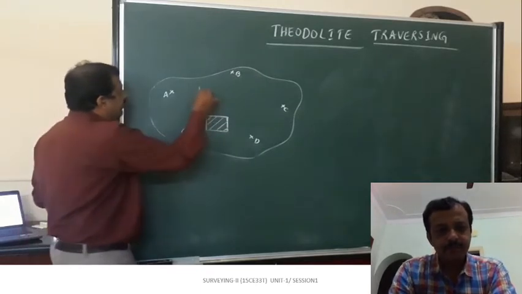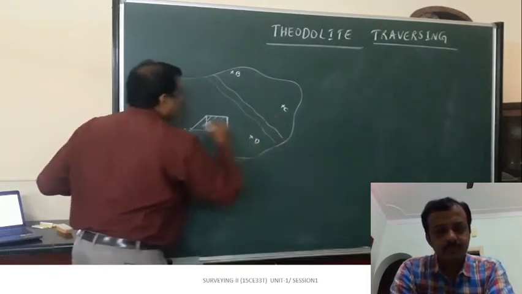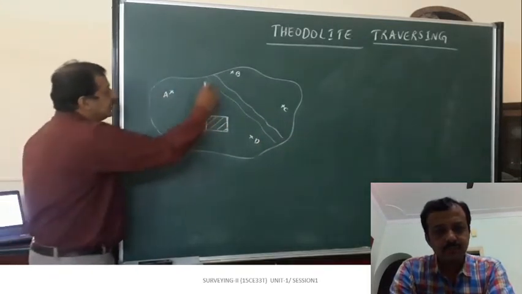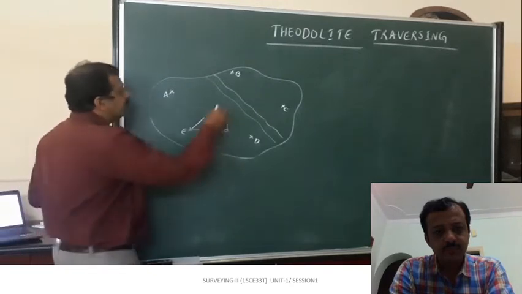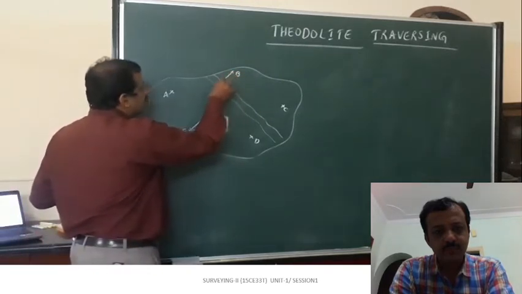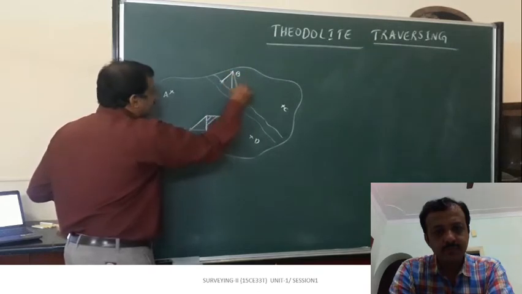Suppose there is a stream along my way, and I want to get its details. From this station, I will find the bearings and the lengths at different locations.